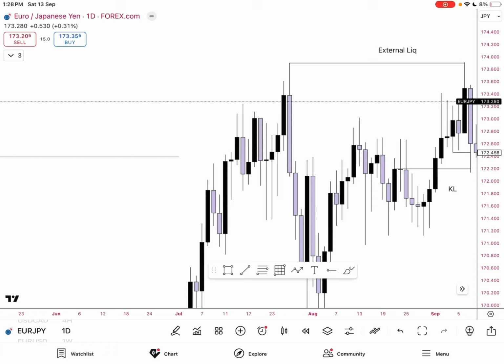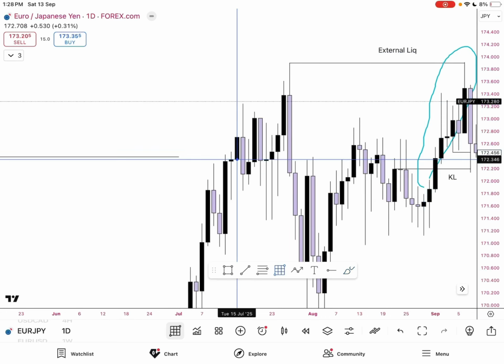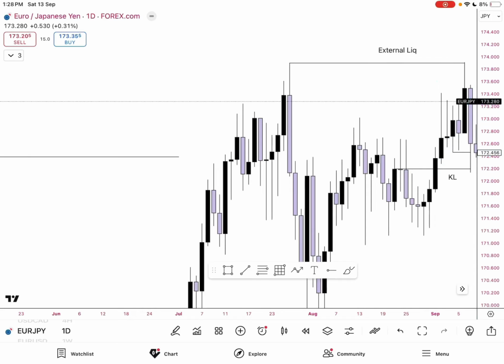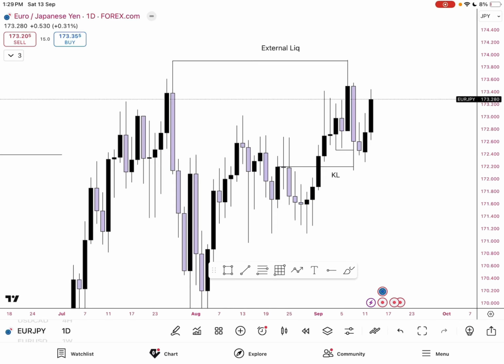So I told you that if the internal liquidity has been taken out, the price will expand. Now the move was from here to another high. So this is what we need to expect in the coming days. The price started to react from this and started to move. Now the target was this high.